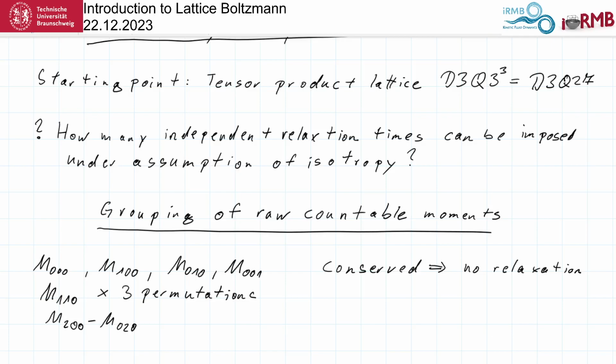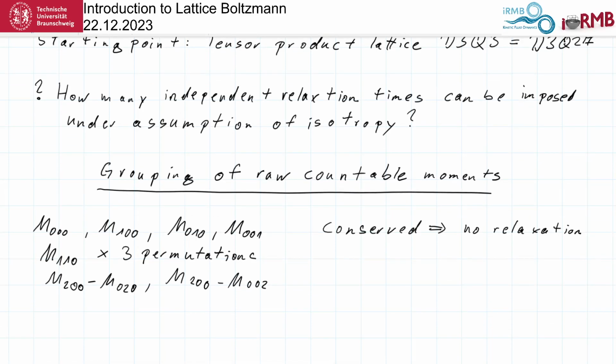So there are 2 countable moments, but we rearrange them in this way. And because we rearrange them, we also have what we call the trace. These here are the hydrodynamic moments.